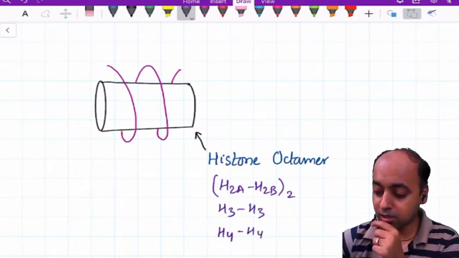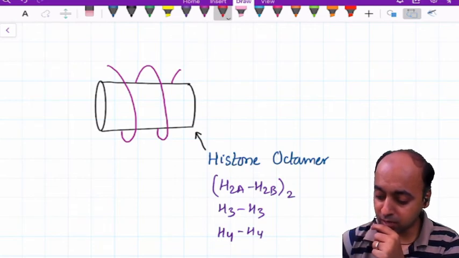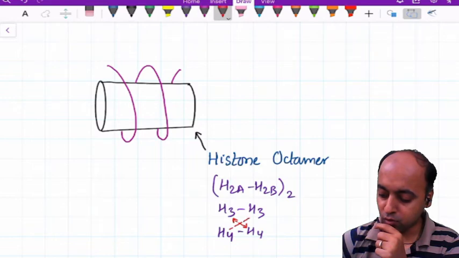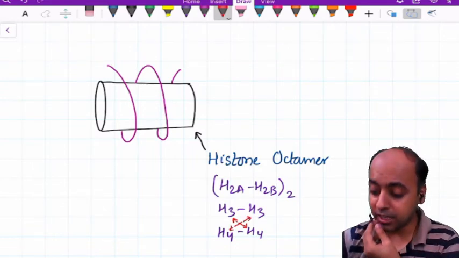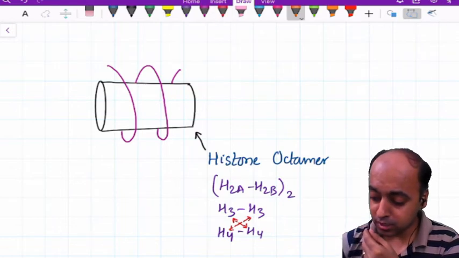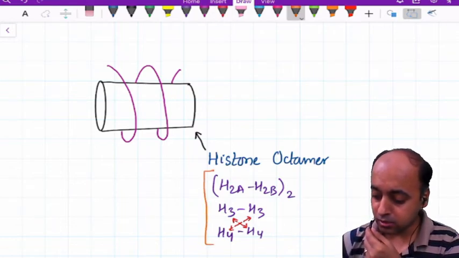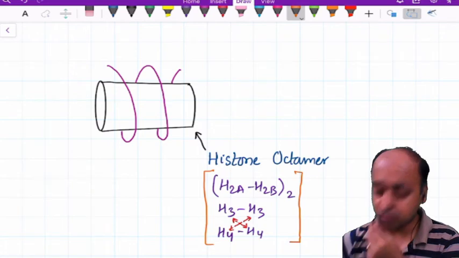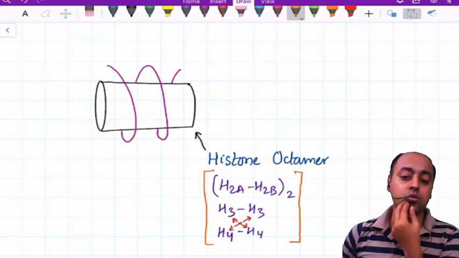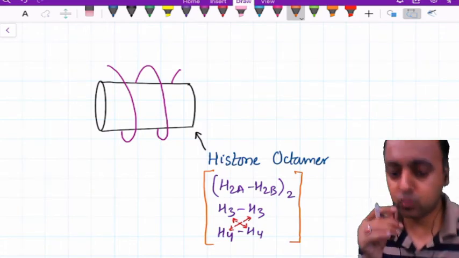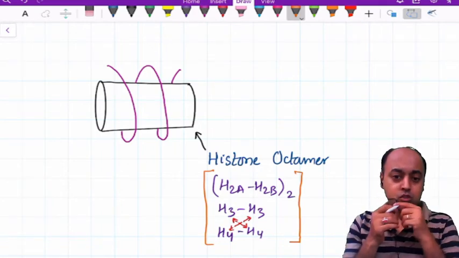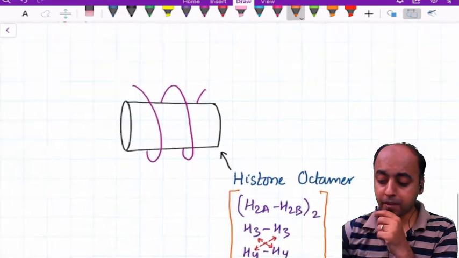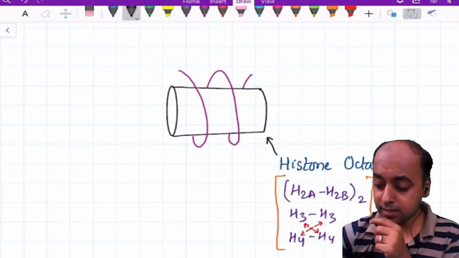Interestingly, sometimes we can have a dimer of H3 and H4 also. Together, this is the histone octamer. We'll talk about histones very soon, don't worry. We'll come back to the topic of histones. So we have the histone octamer, around which the DNA is wrapped.